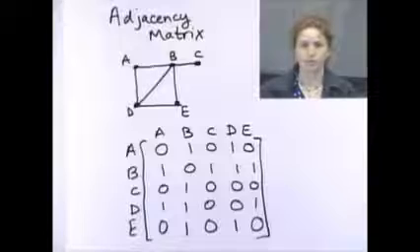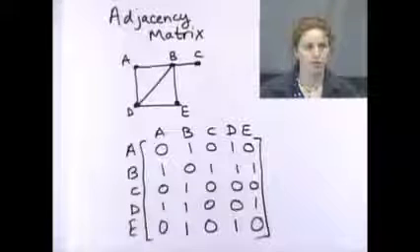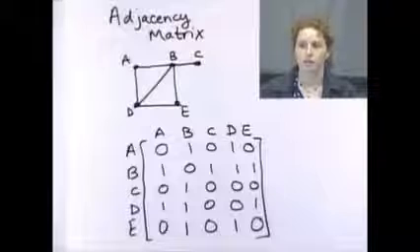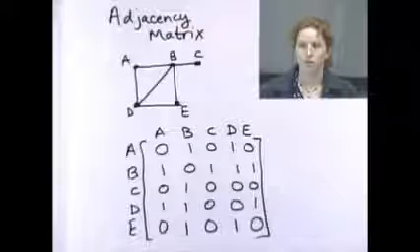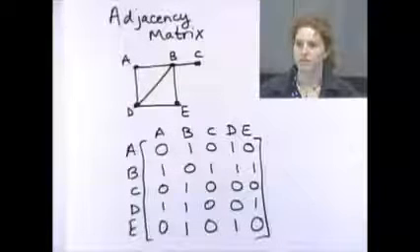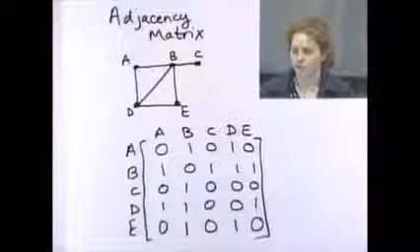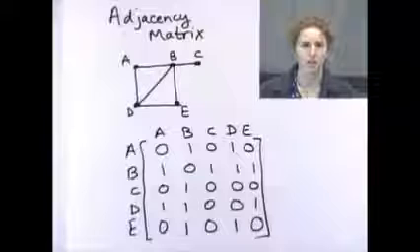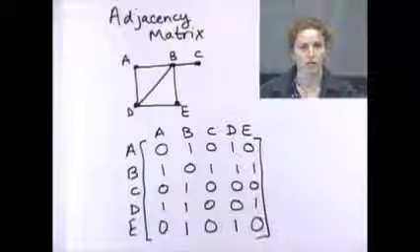Why is this useful? Yes. Because then you can easily put the graph in a two-dimensional array. That's right. I could store this in a two-dimensional array in a program, and this has all the data about the graph that I need.